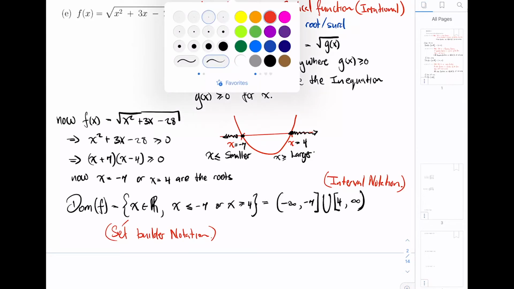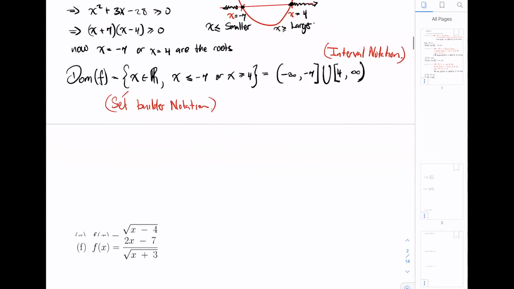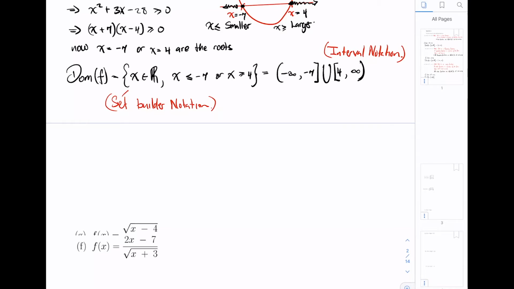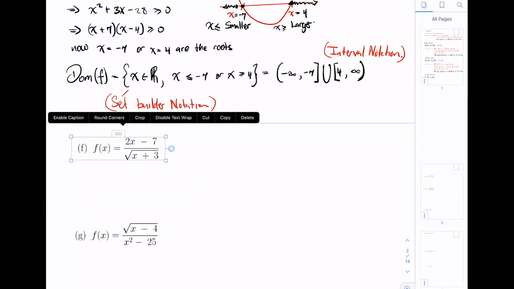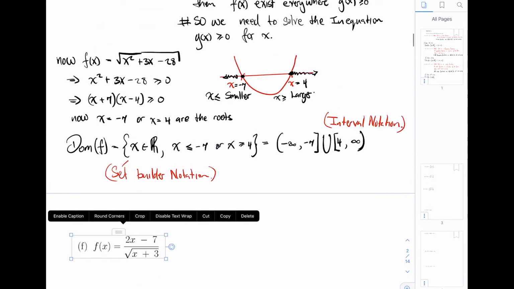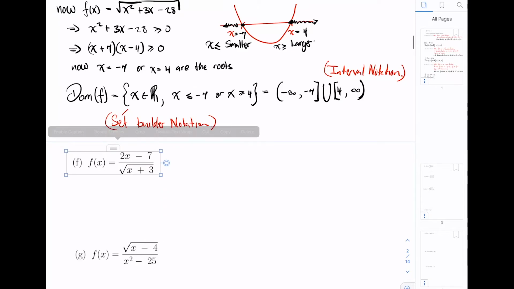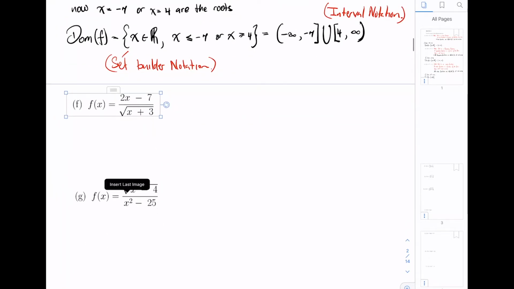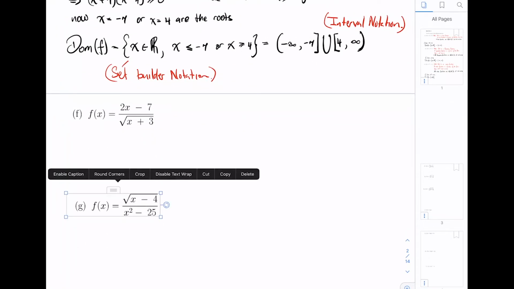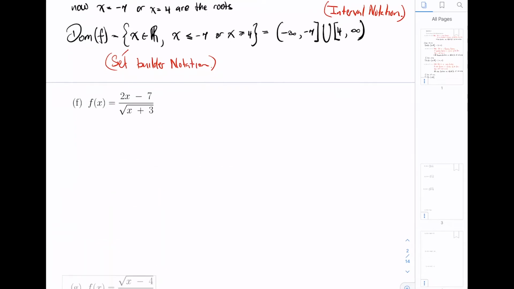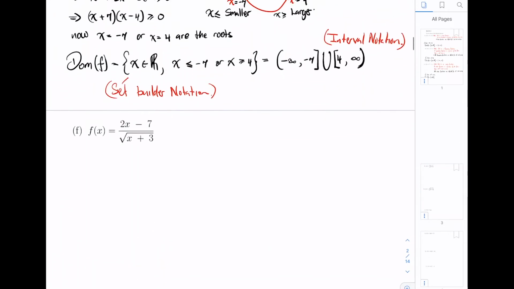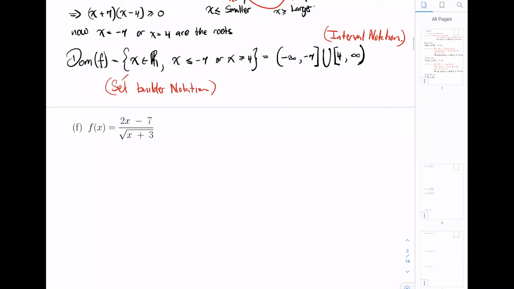Okay, so next we move right along to solve part F. Let's clear this one out of the picture. Okay, so what type of function do we have here for part F? First, let's make a note.